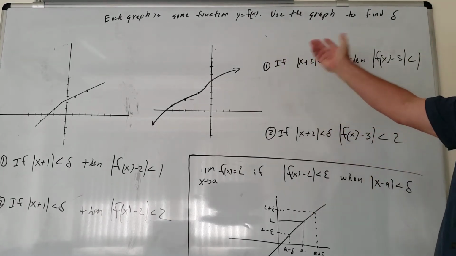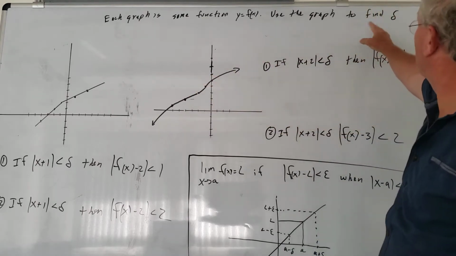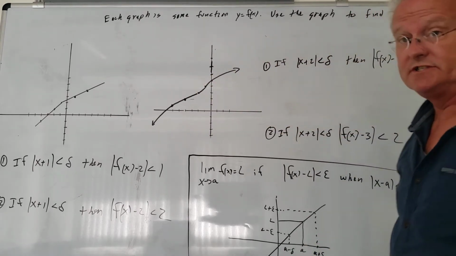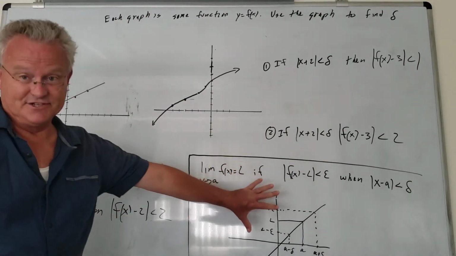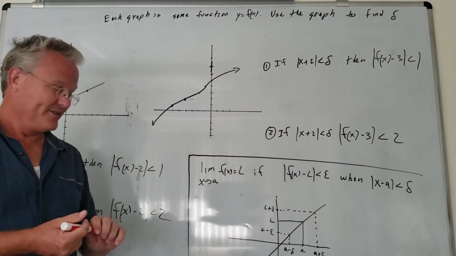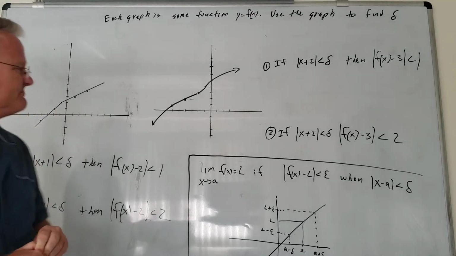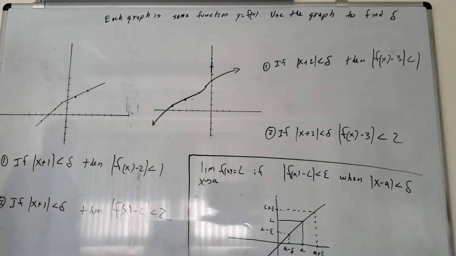So in these problems, there's two graphs, and we're asked to find what delta is. So let's try to understand what I just explained. I know this is a little abstract, but let's first take this.